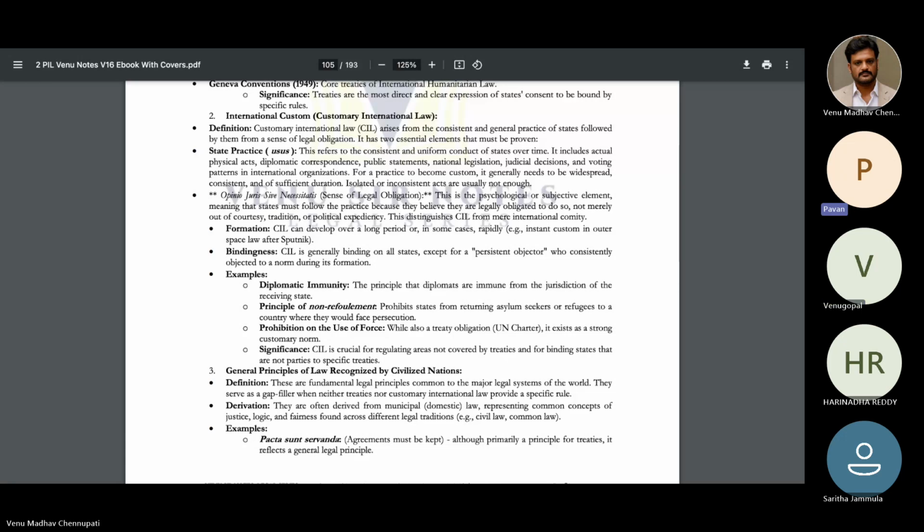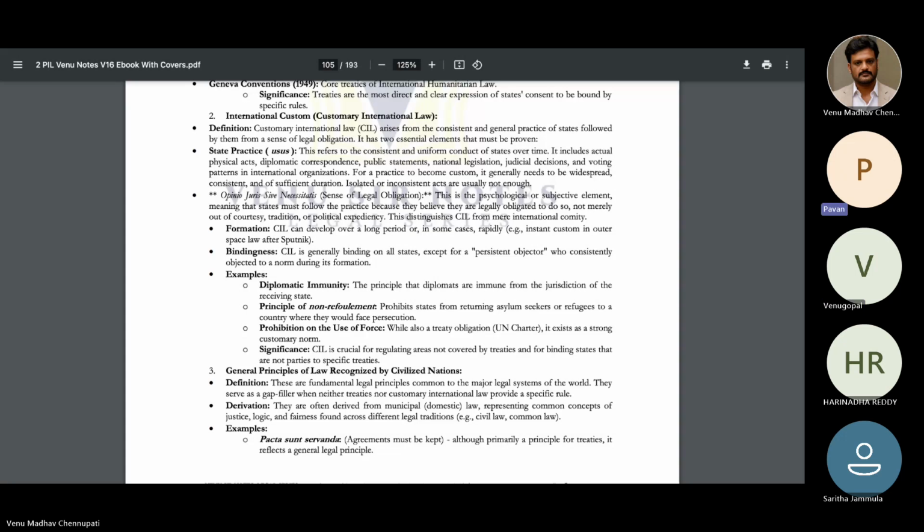Examples: diplomatic immunity, the principle that diplomats are immune from the jurisdiction of the receiving state. Principle of non-refoulement prohibits states from returning asylum seekers or refugees to a country where they would face persecution. Prohibition on the use of force. While also a treaty obligation in the UN Charter, it exists as a strong customary norm.